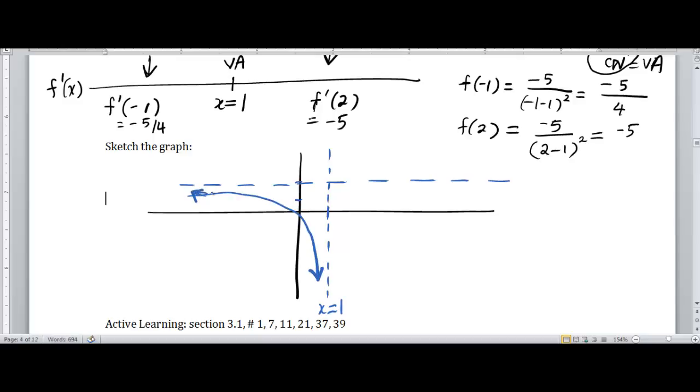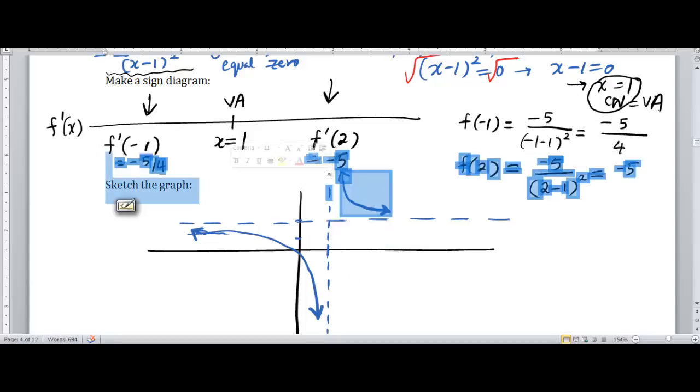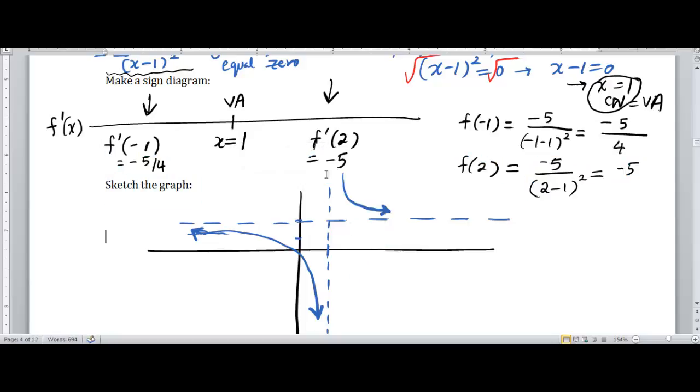It gets close. And then after 1, it's also decreasing, which means it's going to be in this area going down. If it was in this quadrant, it would be going up, but it doesn't do that. It goes decreasing. So that is what your graph looks like.